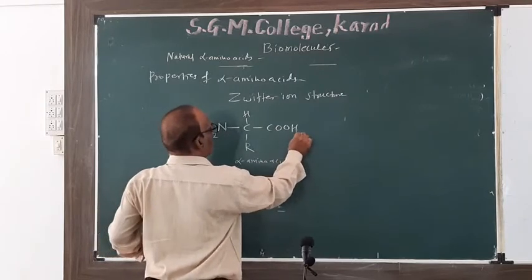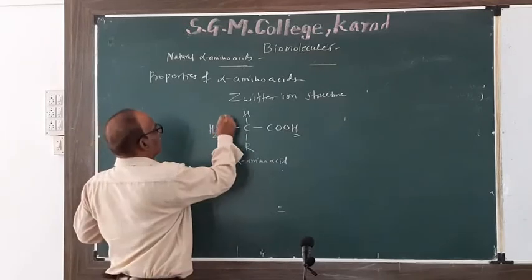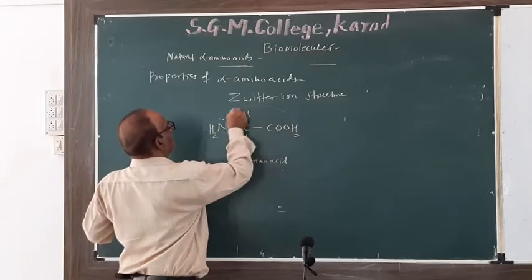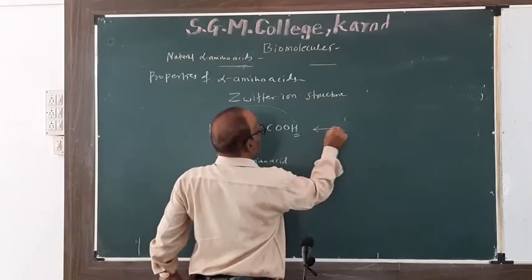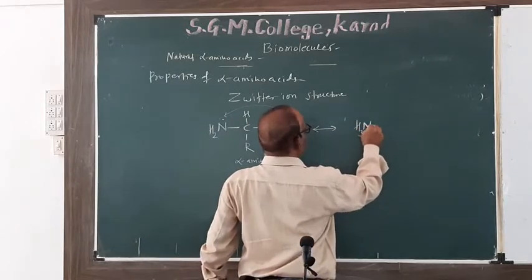This proton H from the COOH group is donated to the nitrogen, using its lone pair. Then there is a formation of a Zwitter ion, that is NH3.